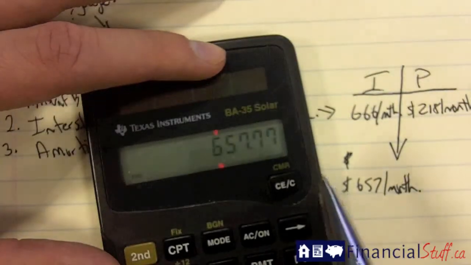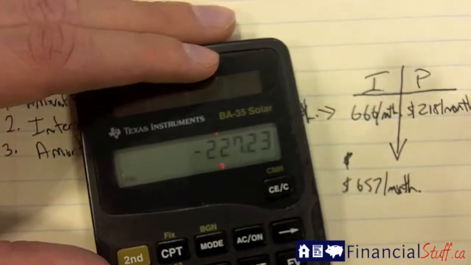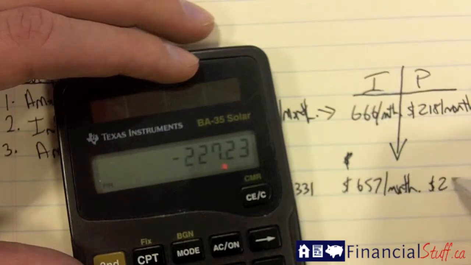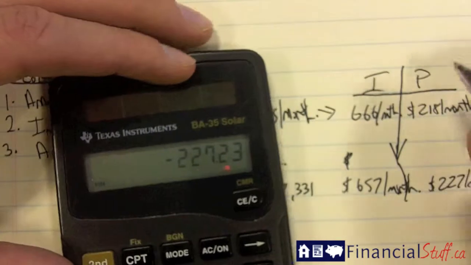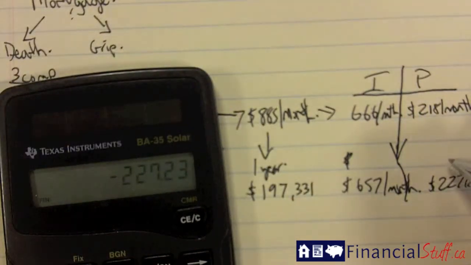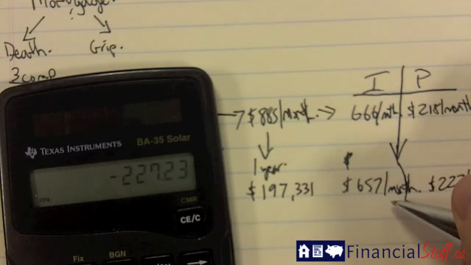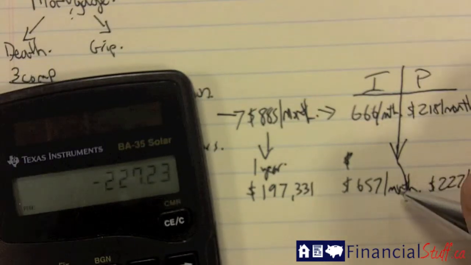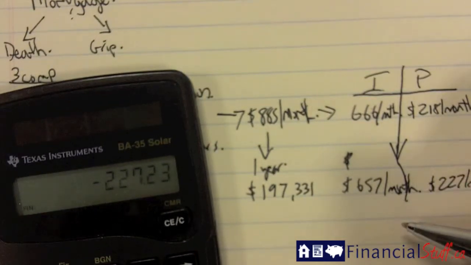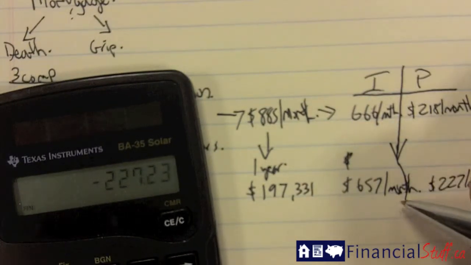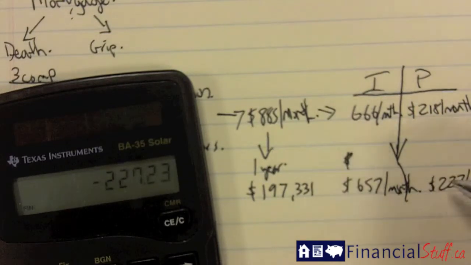And then we're going to take our minus our 885, and we have 227 a month goes to principal. Now this makes sense because the more principal we pay down, the less we owe, therefore the less interest we're going to pay. So I've actually put a PDF together just below the video, and you can see an entire payment schedule for this mortgage.